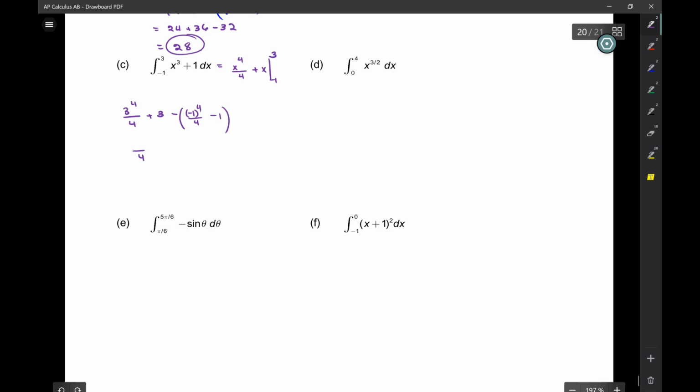Wait a minute, that's 81 over 4, plus 3, minus 1/4, plus 1. And look here, this and this, that's 80 over 4, which is 20, right? Plus 4, 24. So definitely can be on a non-calculator section.